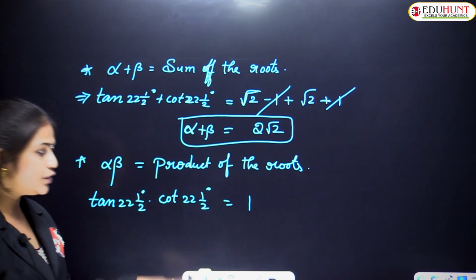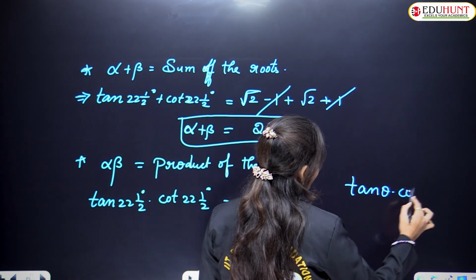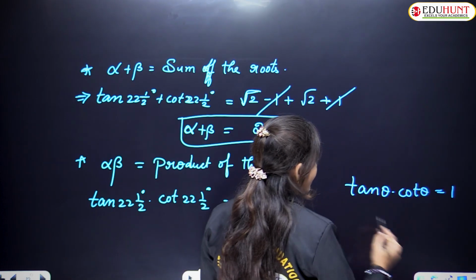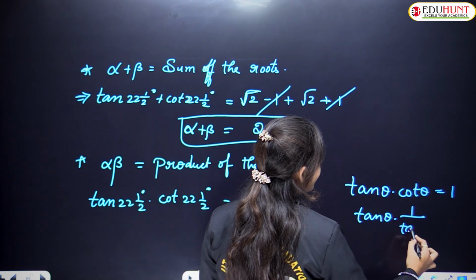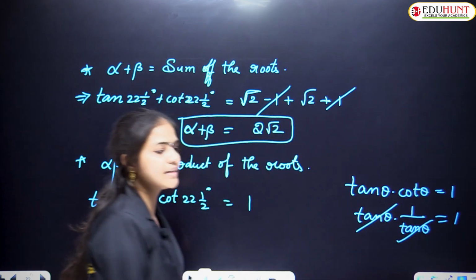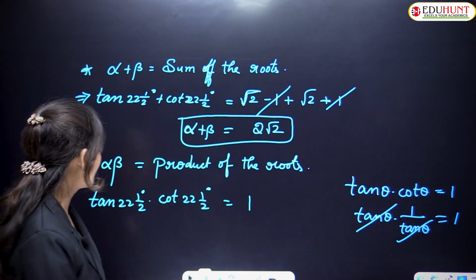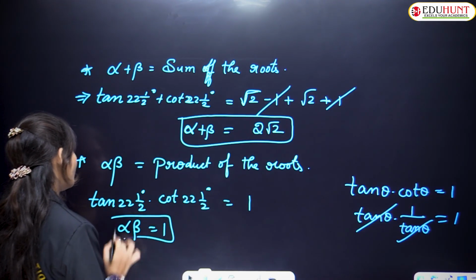Why? Because tan into cot is always equal to 1. Tan theta into cot theta is equal to 1. What is the proof? Cot theta is 1 by tan theta, so tan theta gets cancelled and we get 1. So the product of the roots, alpha beta, is equal to 1.